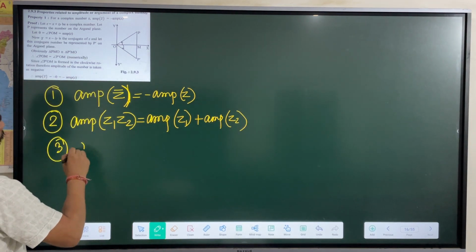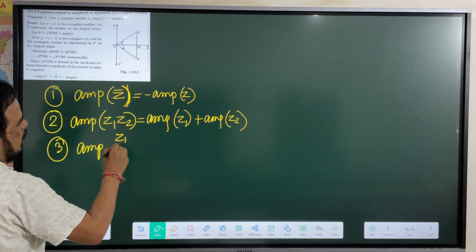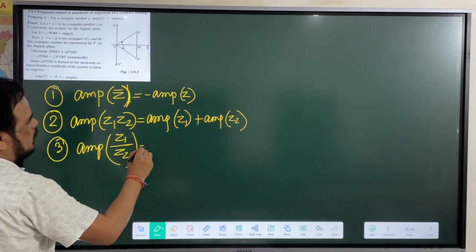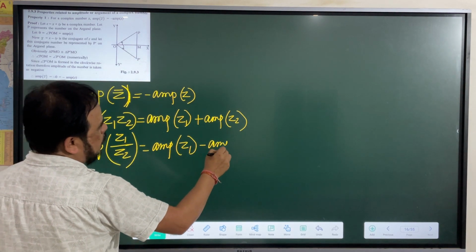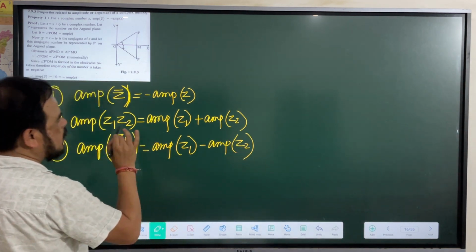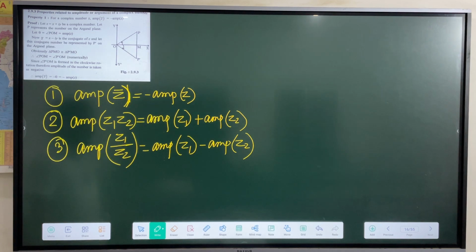Number 3: amplitude of Z1 by Z2 is equal to amplitude of Z1 minus amplitude of Z2. These are the 3 properties, means formulas. You don't have to go for the explanation, that will take time and it is of no use now, because we just have to apply them. Or you can see the explanation yourself.